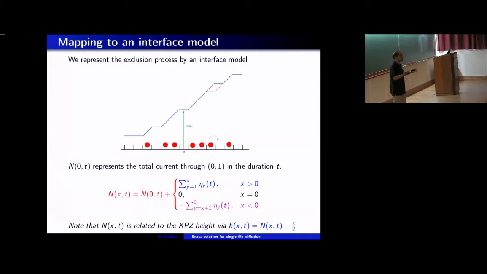So I have an interface model, okay, with this blue line, and in fact, it contains the same dynamics and the same information as my original exclusion process. Okay. So the only difference with the KPZ interface is just a kind of shift by x/2, where x is the position.